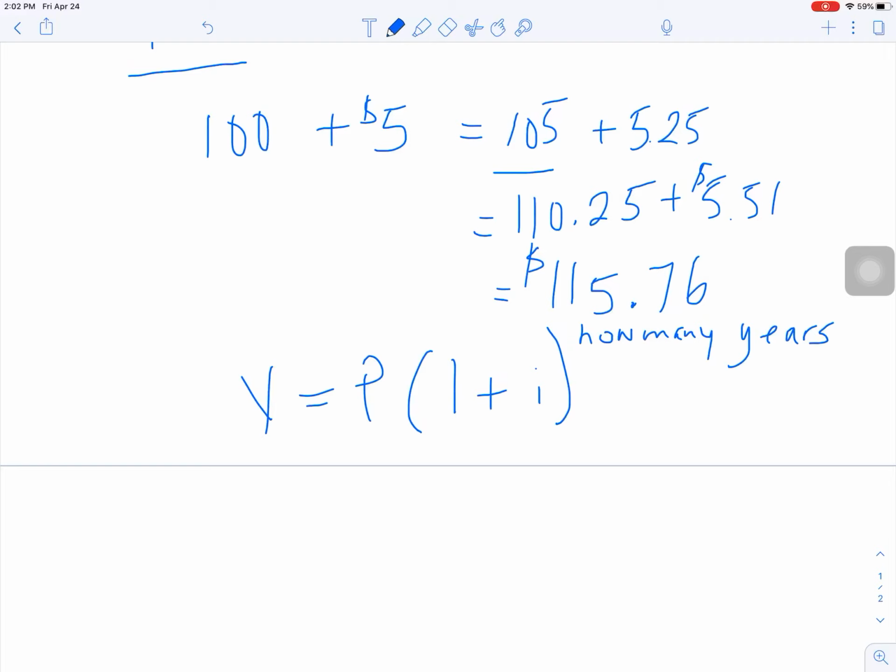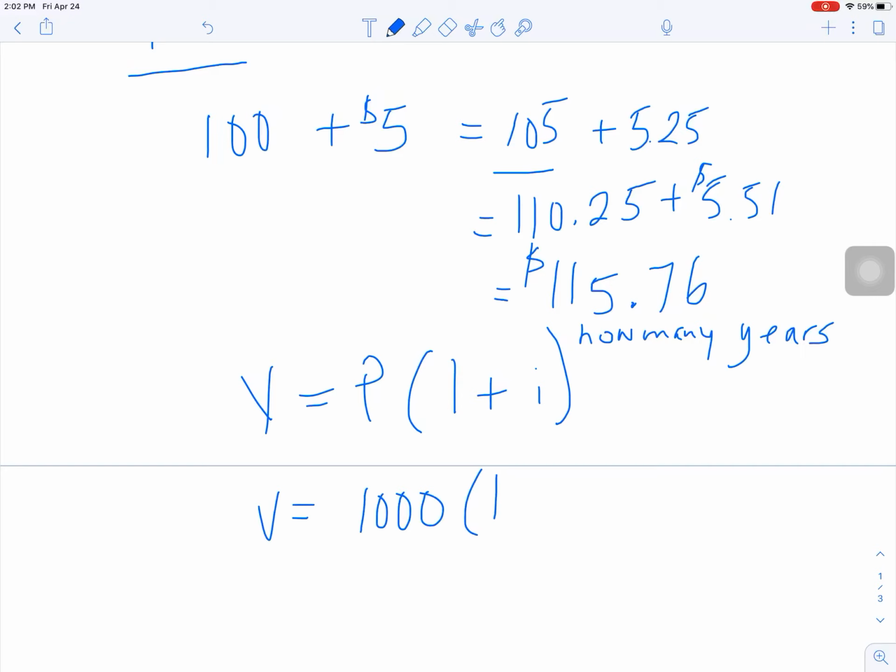Okay, so I'll give you a fairly straightforward example for that. Say we had $1,000 in the bank, right? So that's our principal. We had $1,000 in the bank, and we want it at 5% interest.